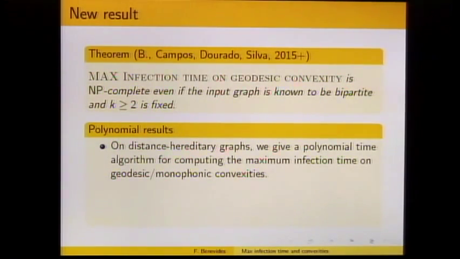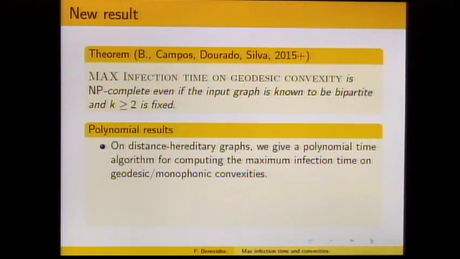But in the geodesic convexity, we're fine. On the other hand, for the monophonic convexity, we had previous results characterizing all the minimum hull sets. We used the techniques from these results to find a similar characterization of all the minimal ones instead of all the minimum. With these two things, we could put together the algorithm that runs in polynomial time.